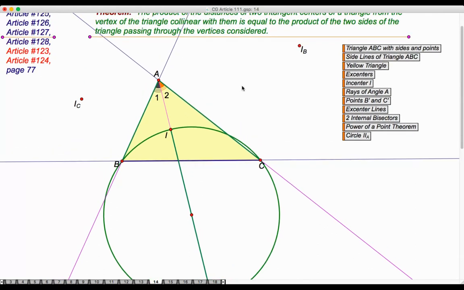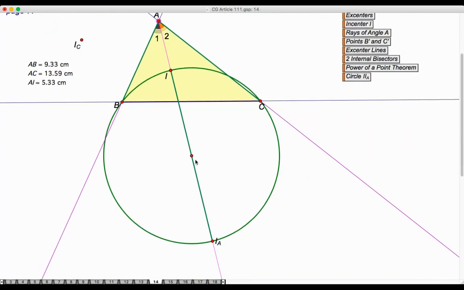Okay, let's try to check if that is really the case. So let's consider AB, find the measurement of this one, and that's 9.33. AC is equal to 13.59. And then let us consider AI. And finally, I sub A. Okay, that's the distance.